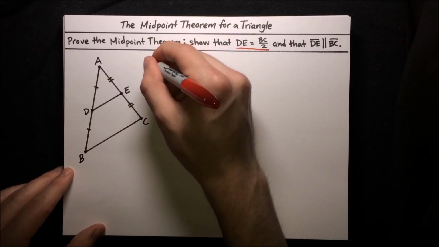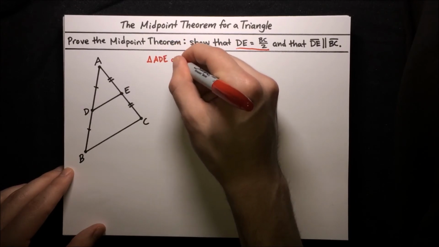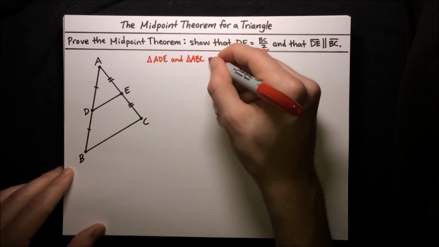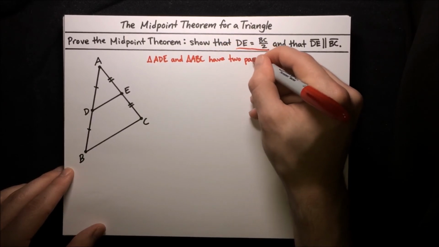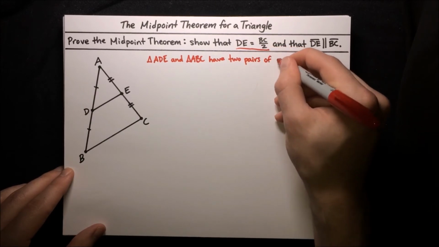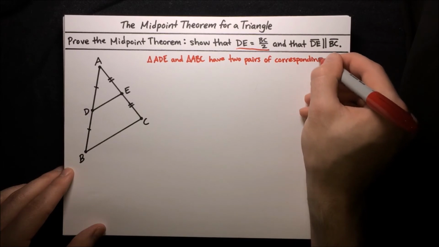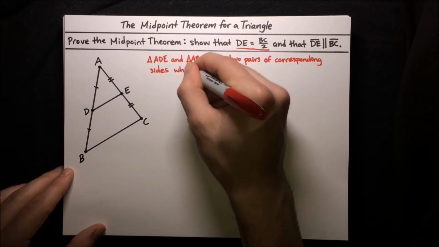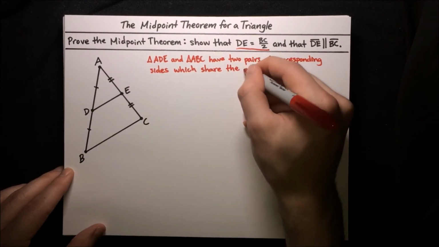So we'll write that triangle ADE and triangle ABC have two pairs of corresponding sides which share the same ratio.